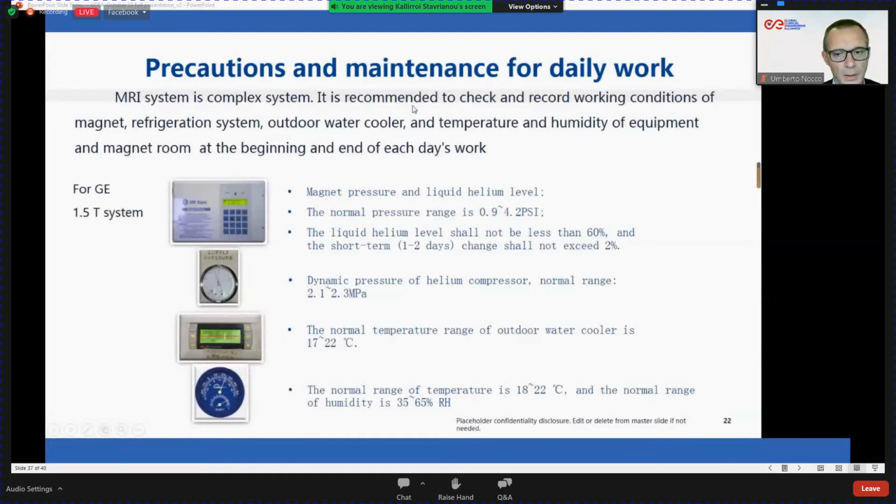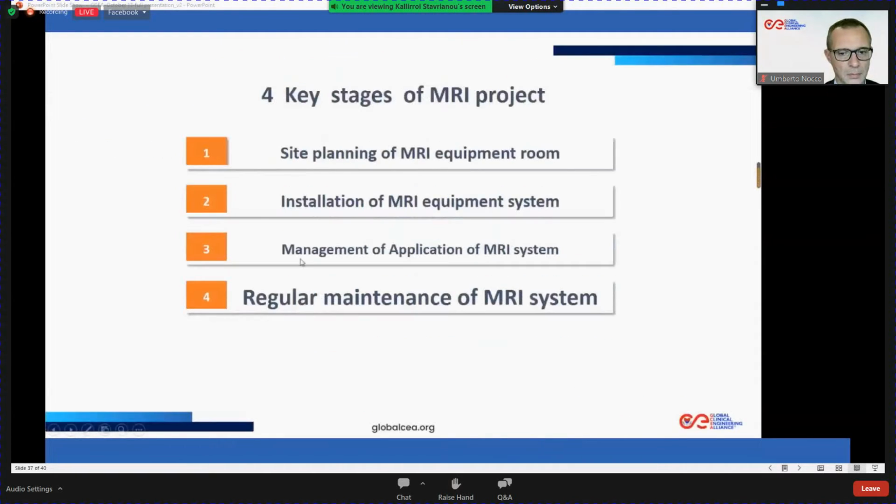It's recommended to check and record the working condition of the magnet, refrigerator, outdoor water cooler, and the temperature and humidity of the magnet and equipment room at the beginning and end of the day. For example, for this system, we should check all these meters.